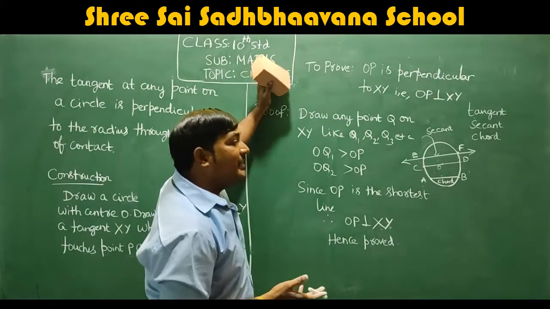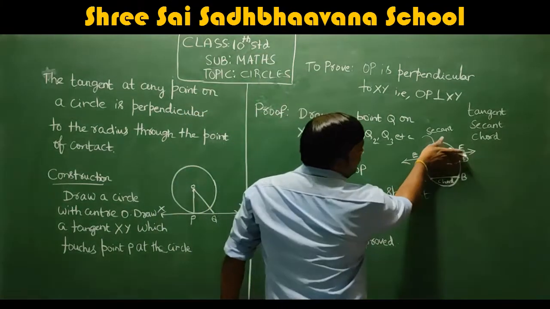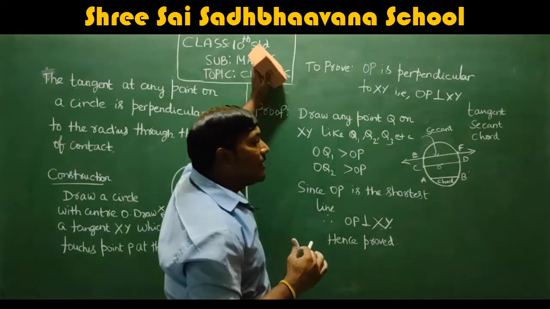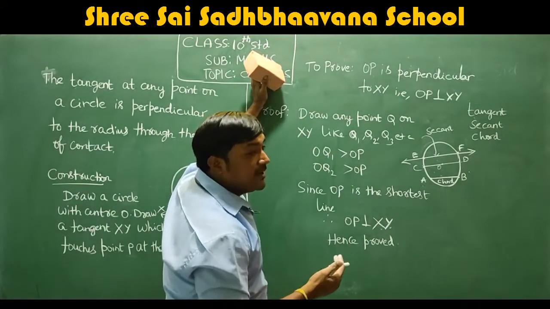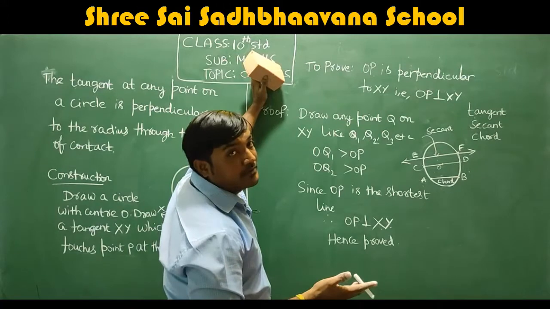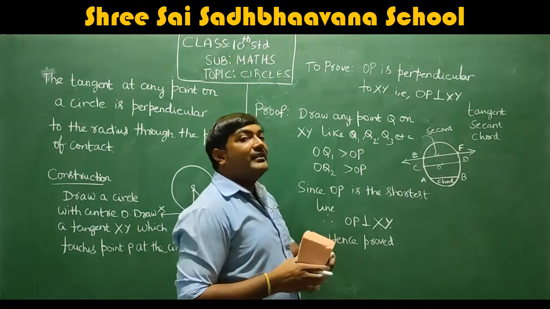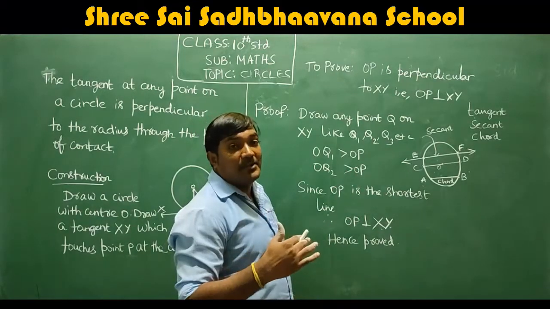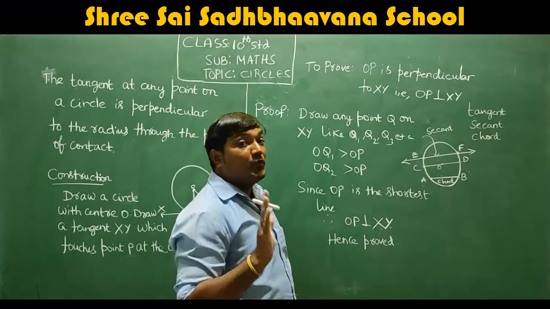It is not only CD, even AB you see. This is one part and the other is another part. Correct? So this chord always divides the circle into 2 parts. If it is a diameter, then as I said, the diameter is the longest chord. Always diameter will divide the circle into 2 equal parts.